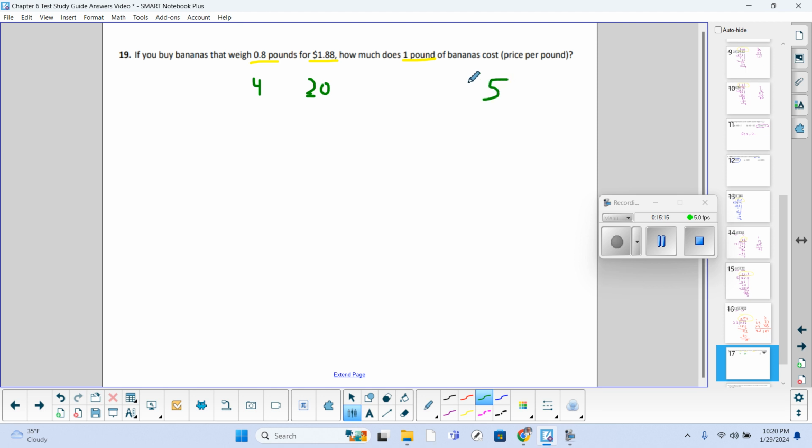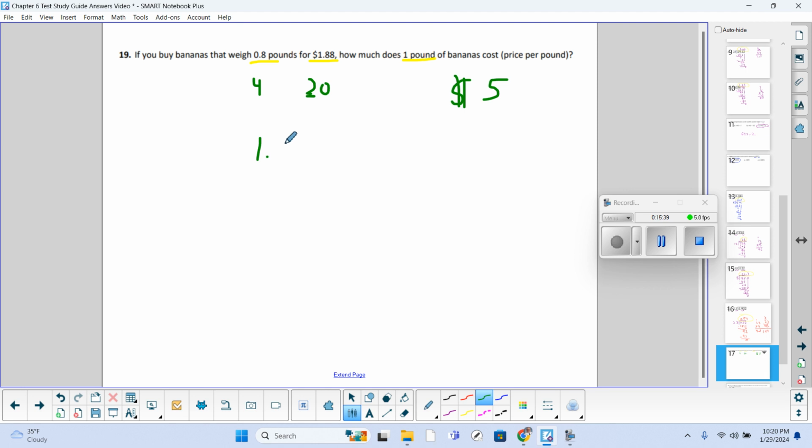Right? $5 per pound. If you need to pause and rewatch that to understand why, I'm just using this as an example of nice round numbers. If I took $20 and divided it into 4 equal groups, I would get $5. But I have a decimal here, so I really need to do the same thing, divide this number by that number.